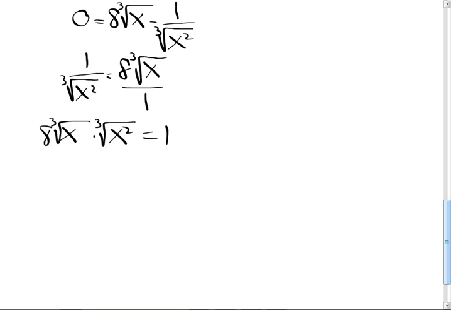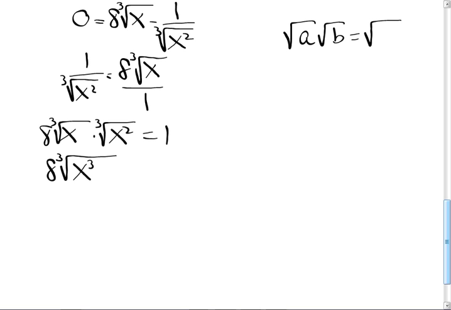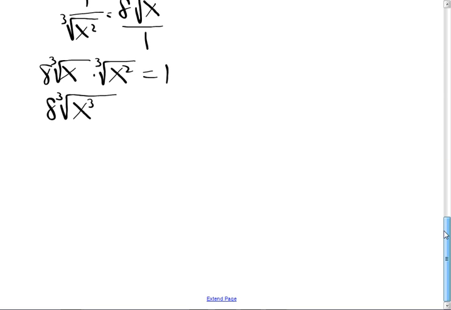And can't I take these radicals here and rewrite this as the cube root of x cubed? The root of a times the root of b is the root of a times b. What do you do with exponents? They add them. So that will cancel out and just give me an x.